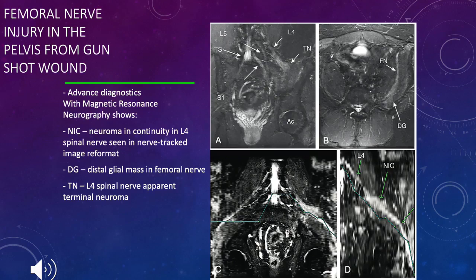So you have a very good idea of what you're going to encounter surgically and exactly where you need to go and where you need to test before commencing the surgery.